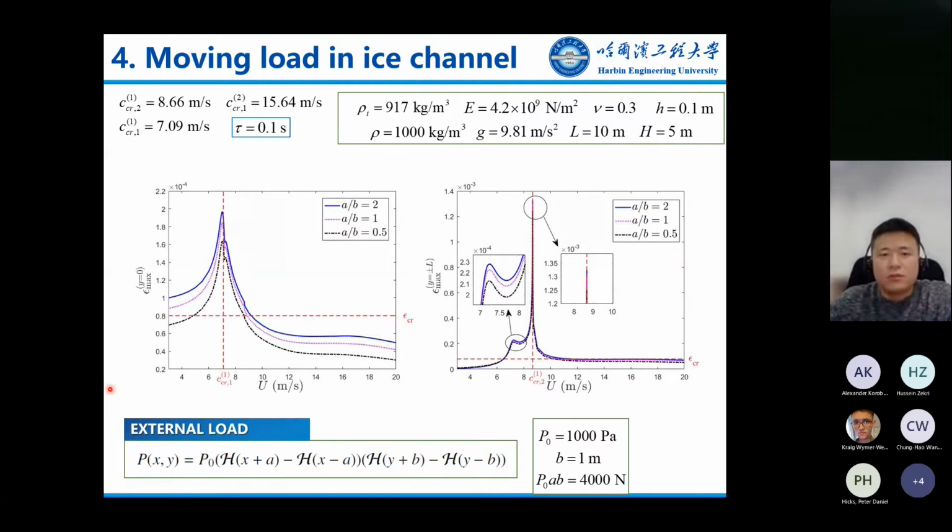The effect of the load characteristics on the ice responses is analyzed here.